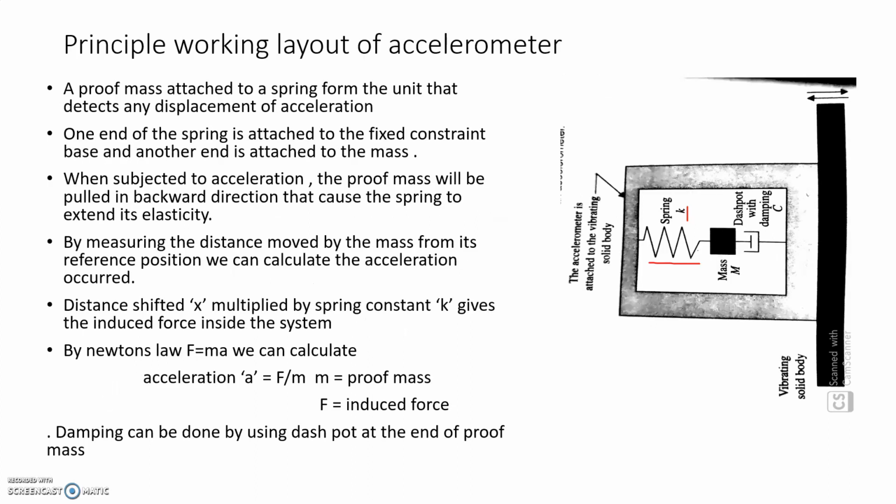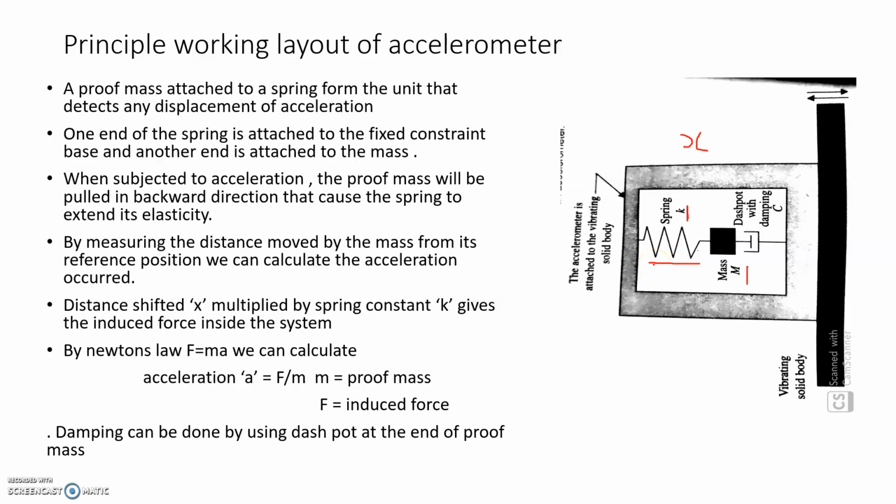With the help of this diagram we can learn how the accelerometer actually works. It contains a mass. We call this mass the proof mass, and this mass is suspended in the horizontal direction with the help of a spring which has a constant k. We call this k the spring constant.